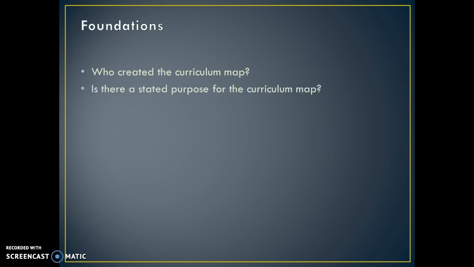Second, is there a stated purpose for the curriculum map? Also on page 2, in the very first paragraph, it gives a clear definition of why they are going to the new curriculum map. It states that the Common Core state standards offer educators the opportunity to ensure that all students are equipped with the skills and knowledge they need to be successful in a globally competitive society.